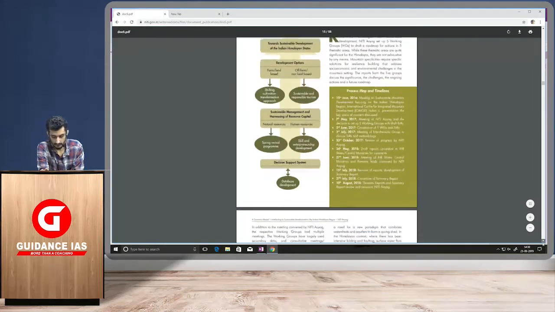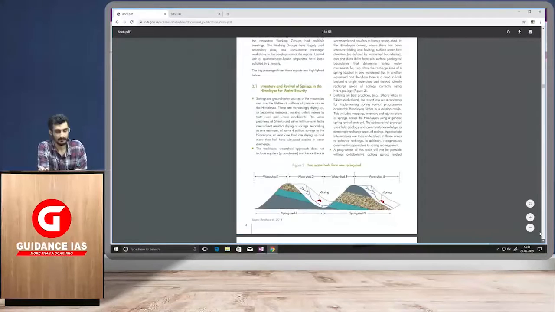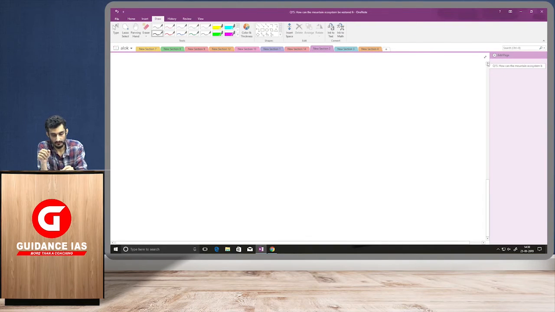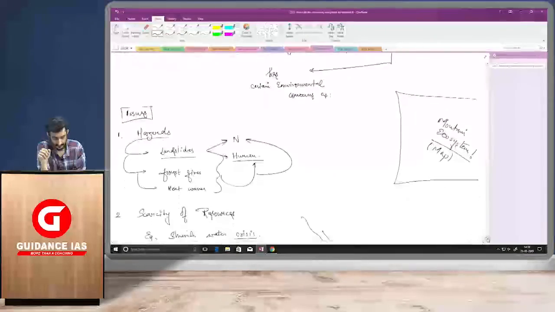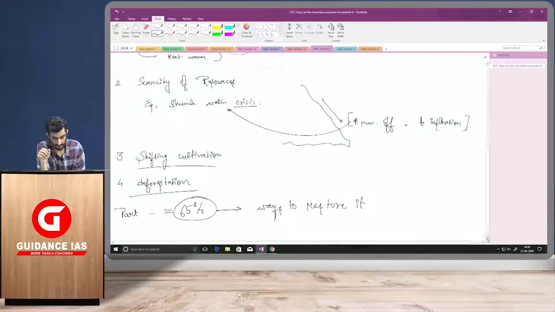And then it has also proposed to start integrated watershed management in such areas. So you can write the recommendations of Niti Aayog in your answer, which is the second part of your answer, and you can give them relevant diagrams so as to make it look more geographical in nature.